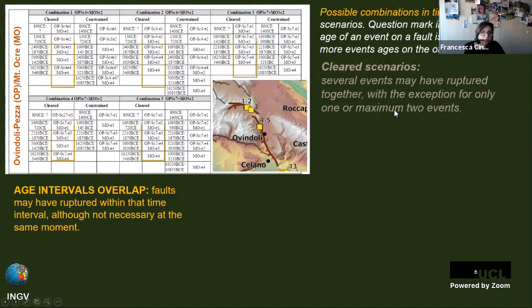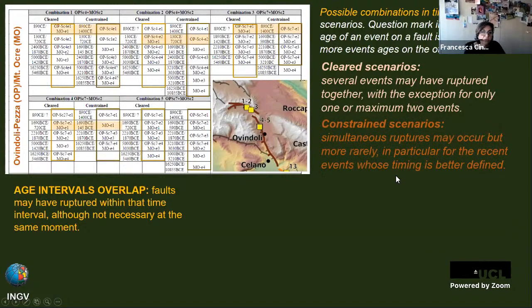In general, what we can say is that the cleared scenarios show that several events may have ruptured together, with exception for only one or maximum two events. So it was working well, the combination. But if we look at the constrained scenario, simultaneous ruptures occur more rarely, in particular for the recent events whose timing is better defined.